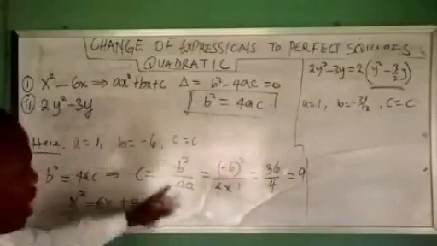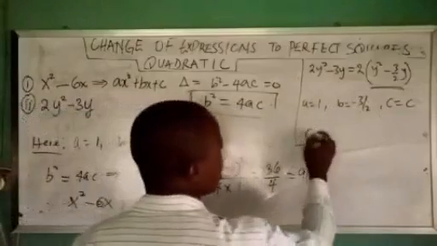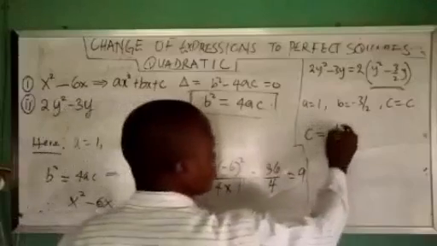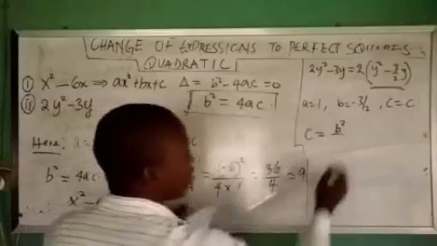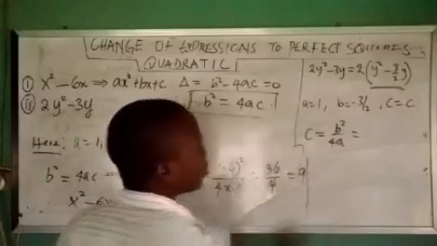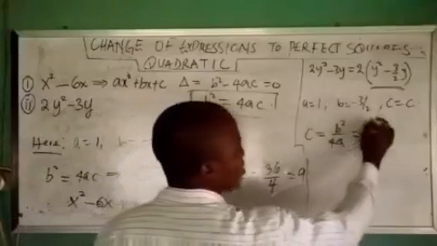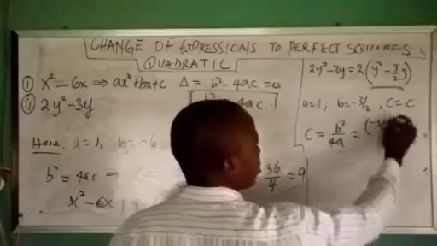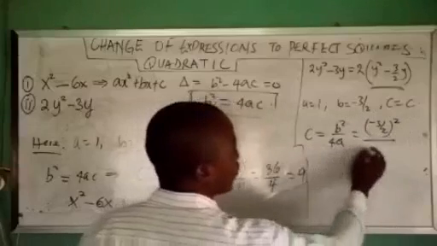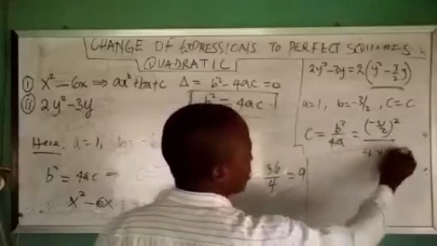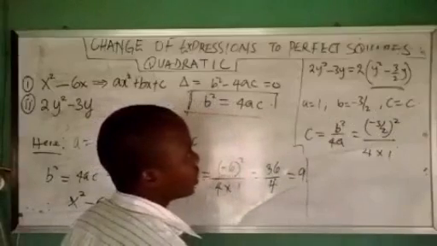So according to what we have here, c will be equal to b squared over 4a. So what is b squared? b squared is minus 3 over 2, whole squared, over 4 times, what is a? 1, times 1.